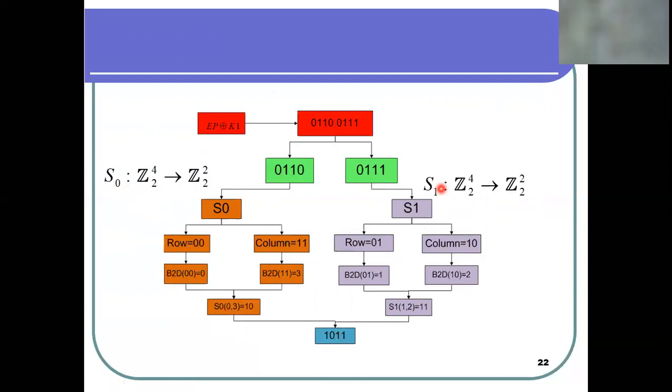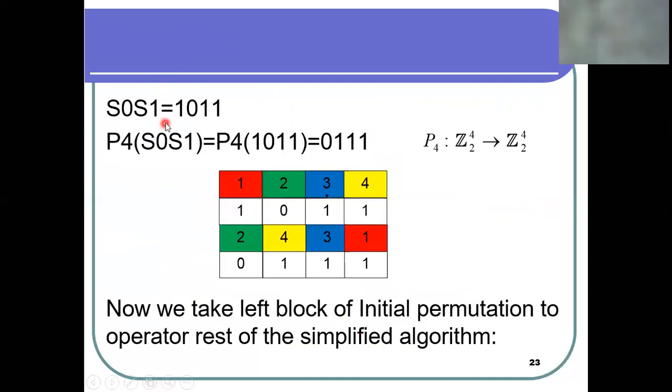Basically, this is a type of compression substitution box. After applying S0 and S1, dear student, I finally get 4 bits, 1011. Then I apply P4 on this 4-bit output of S0 and S1.